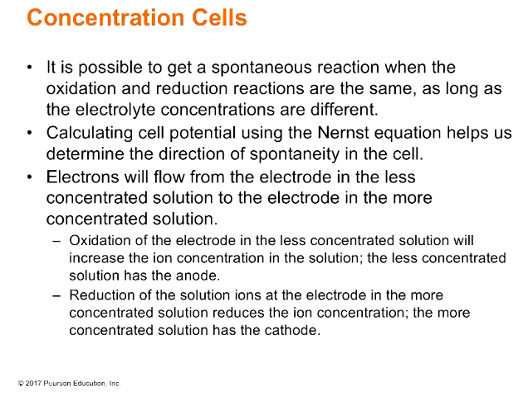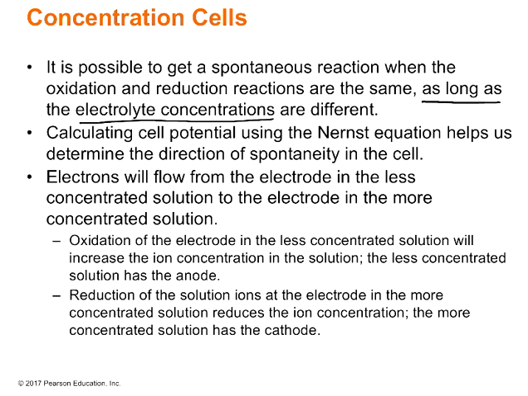All right, so just as a summary for concentration cells, it is possible to have a spontaneous reaction if your oxidation and reduction reactions are the same, as long as the electrolyte concentrations are different. So that's the key part there.